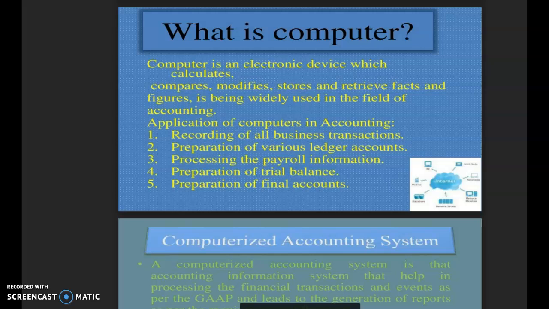Very simply, it is an electronic device. It calculates, compares, modifies, stores and retrieves facts, means it can recall the facts and information, facts and figures, as and when we require, and has wide use in the field of accounting.